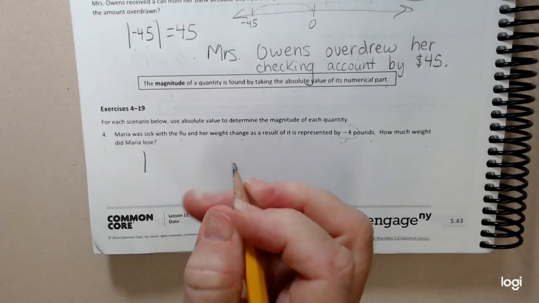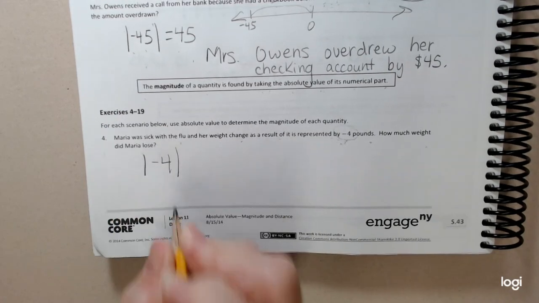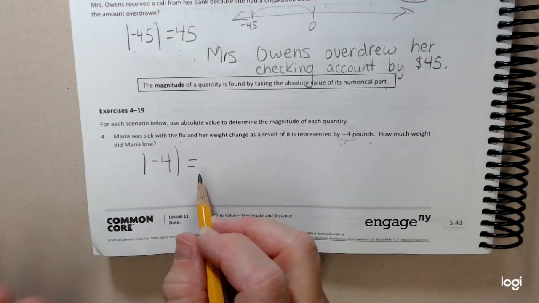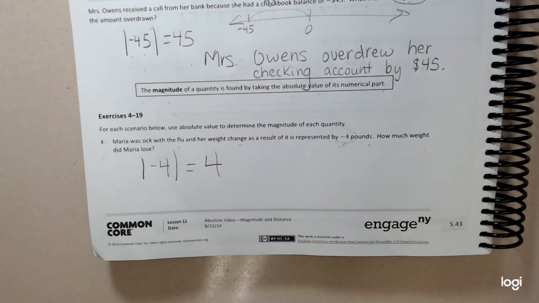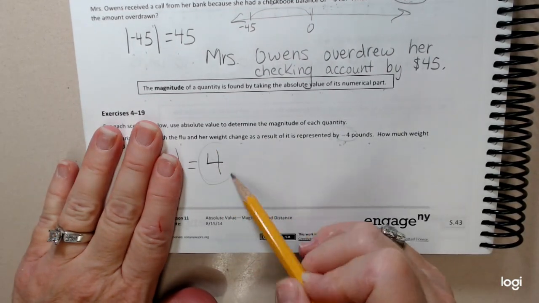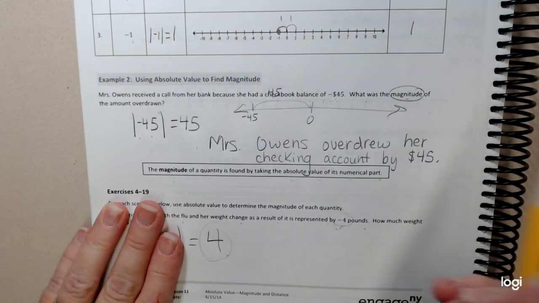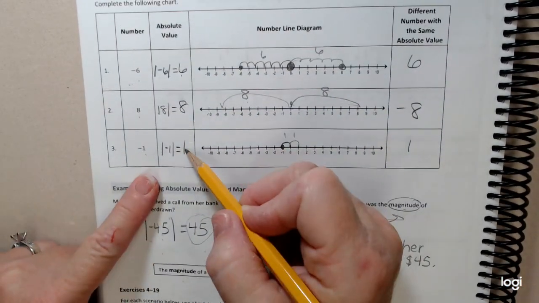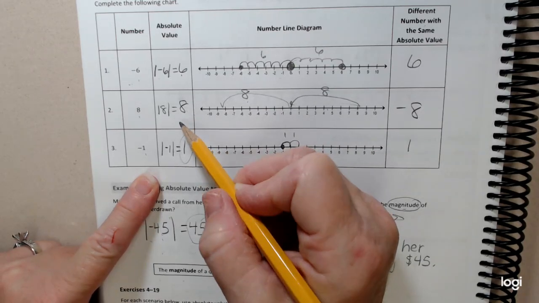So let's write the absolute value of negative 4. How far is negative 4 away from 0? It's 4. I'm noticing something here. Look at these answers: positive 4, positive 45, positive 1.